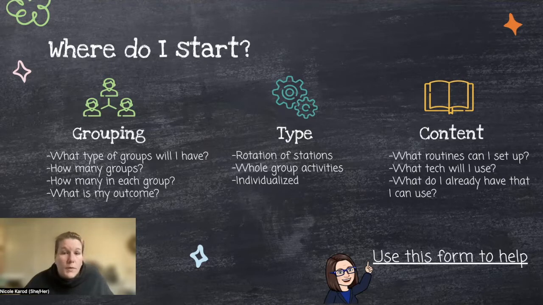Maybe it's a whole group activity, and this is again another form of blended learning where you're taking different activities and you are having one activity, and then you're rotating to the next, and then the next. And then the last one is individualized, which we're going to talk a little bit more about with those personal playlists.